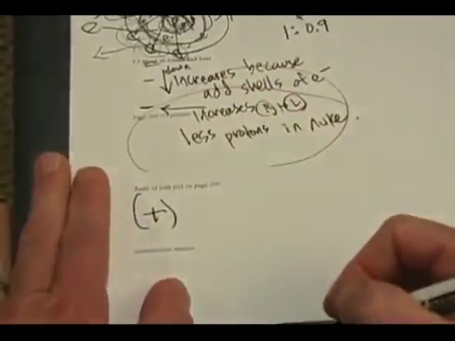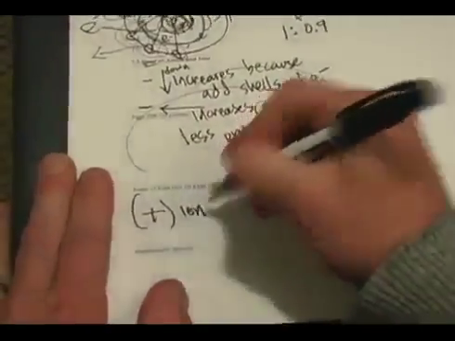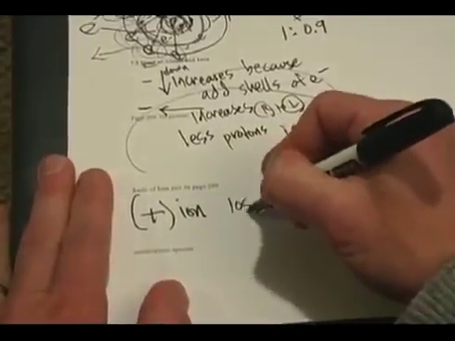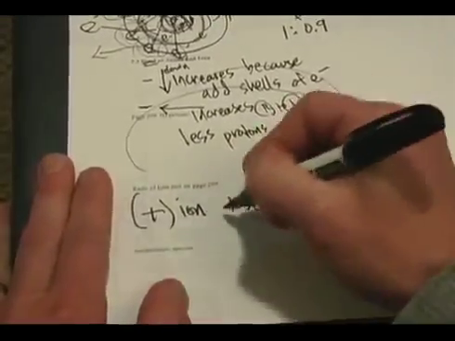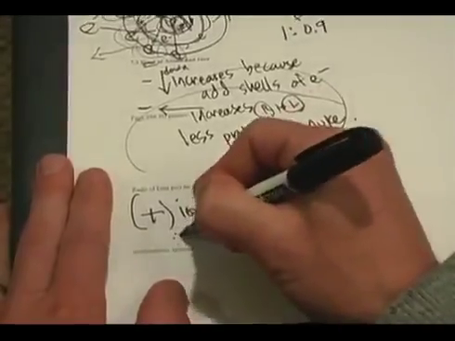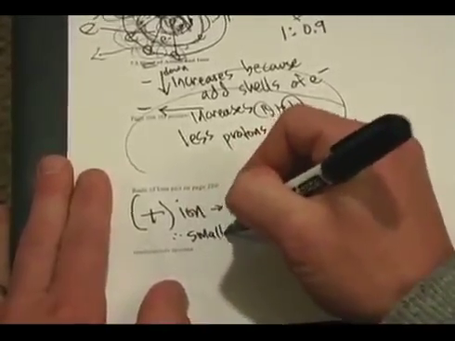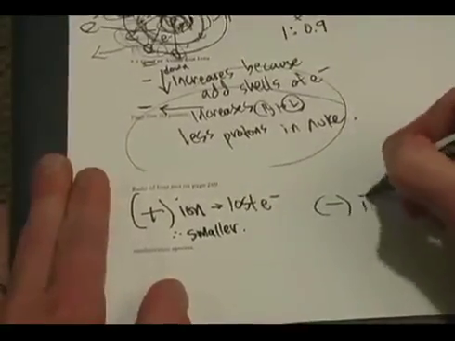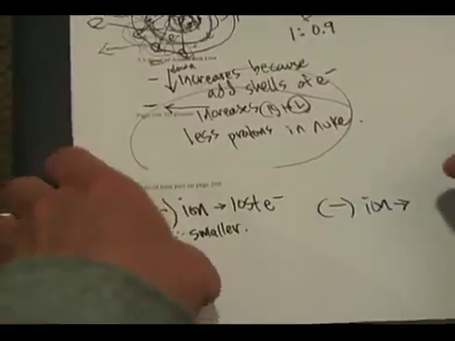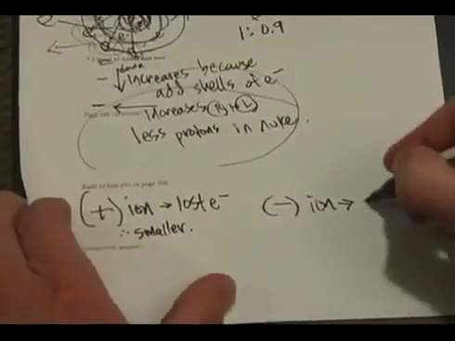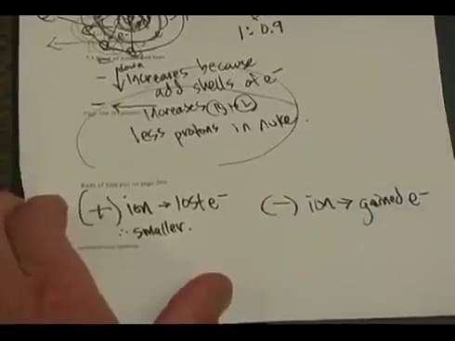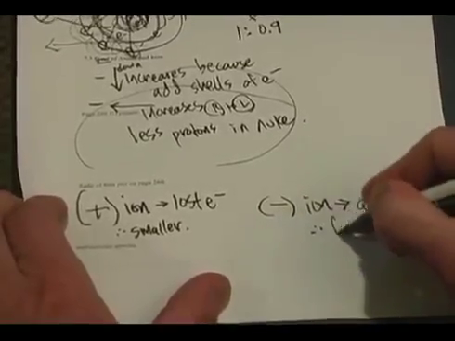If something is becoming a positive ion, it has lost an electron, and therefore it will become smaller. If something becomes a negative ion, it has gained an electron, and therefore it will become bigger.